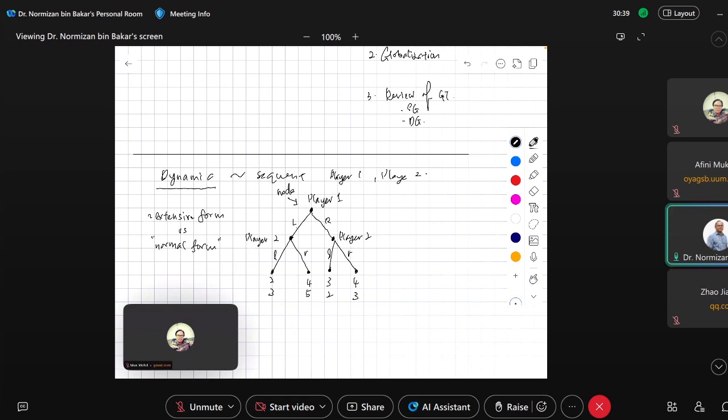So that is the way we describe the dynamic game. There is a lot of game theory out there that presents the dynamic game.